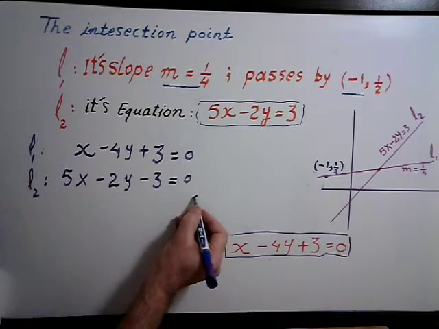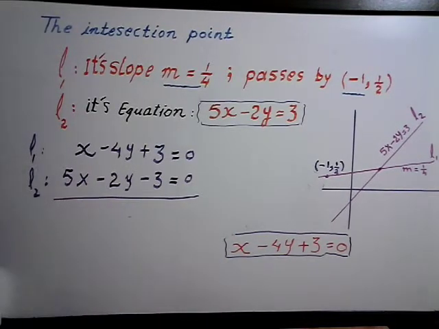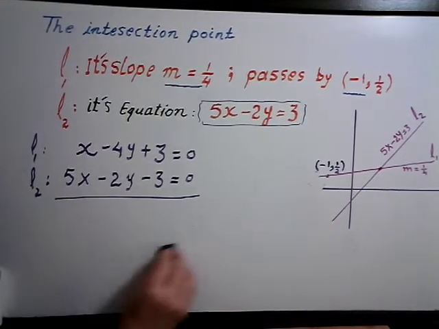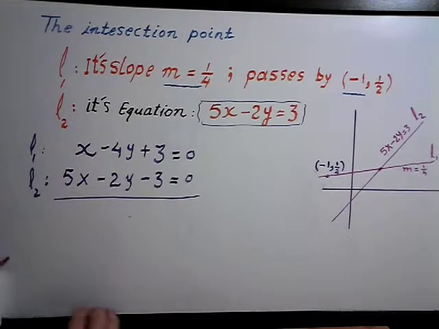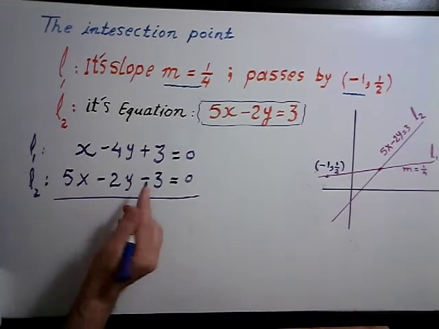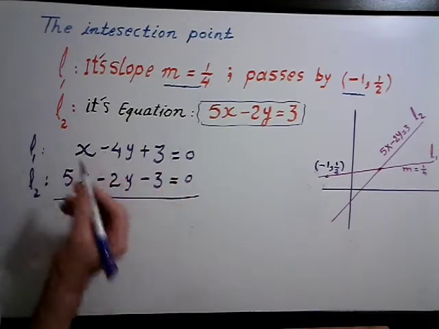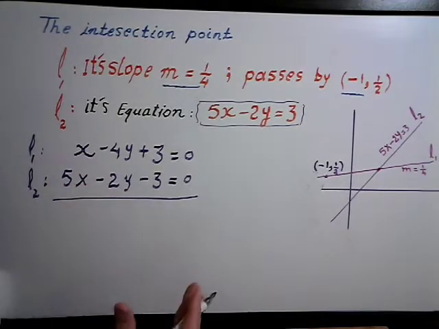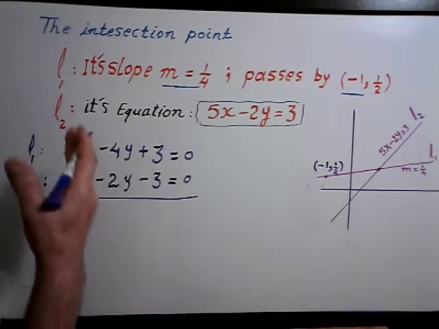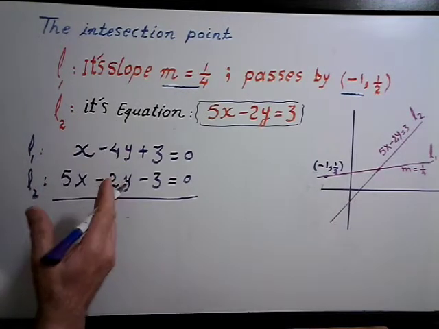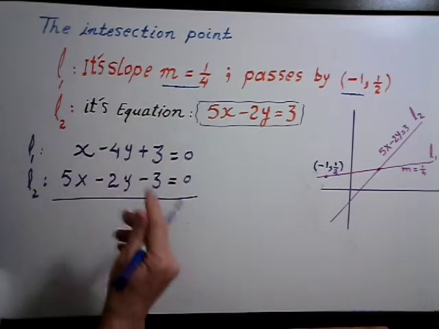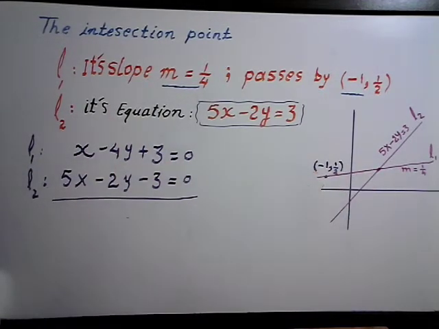Now to solve these two equations together, we can just subtract one from the other. The reason we subtract is just to eliminate x's or y's, then we have a new equation with only one variable, so we can find its value.